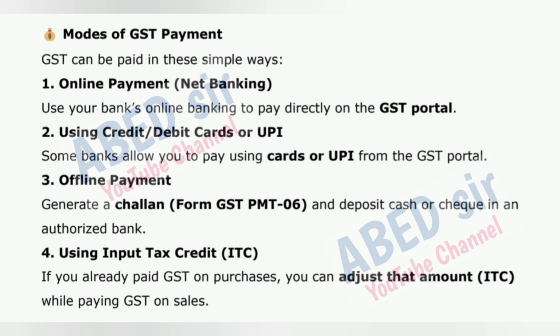Offline payment. Generate a challan, form GST PMT 06, and deposit cash or cheque in an authorized bank. 4. Using input tax credit, ITC. If you already paid GST on purchases, you can adjust that amount, ITC, while paying GST on sales.